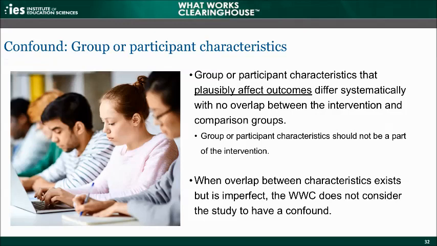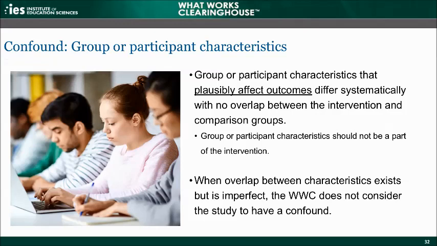So the next section is about the group or participant characteristics confound. This confound occurs when group or participant characteristics that could affect the study outcomes differ systematically between the intervention and comparison groups with no overlap. These group or participant characteristics should not be part of the intervention.